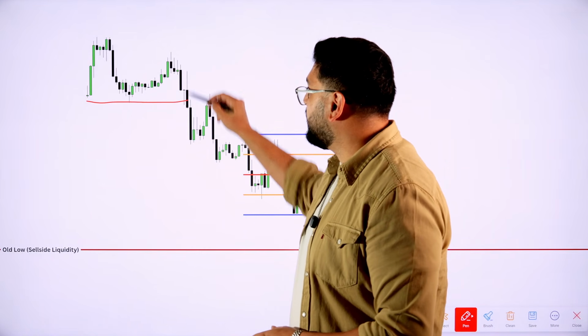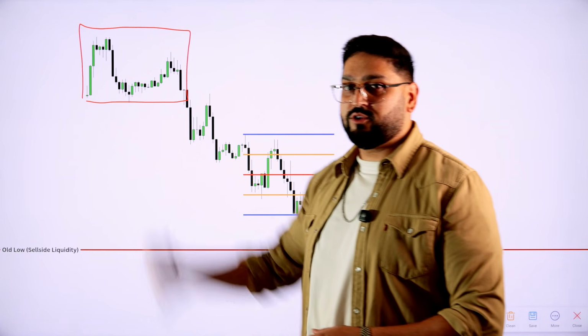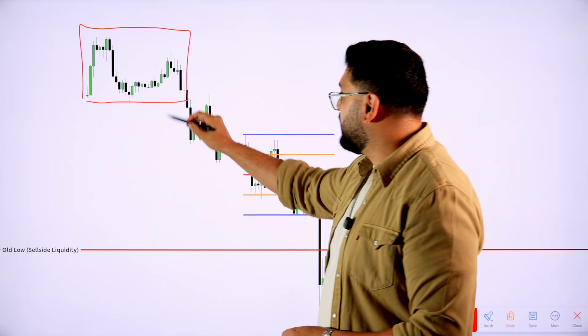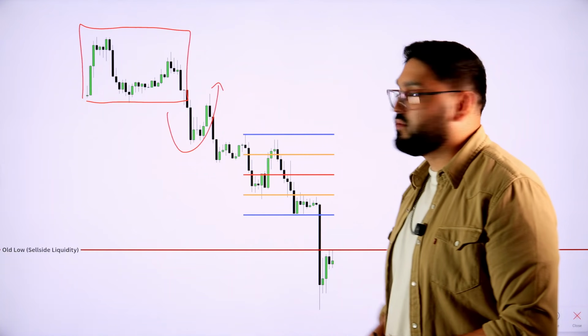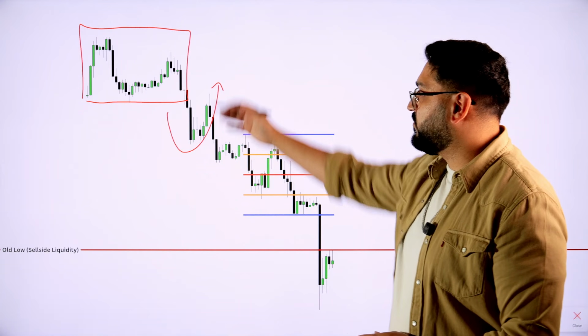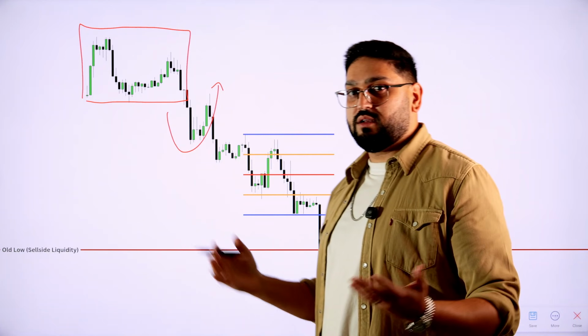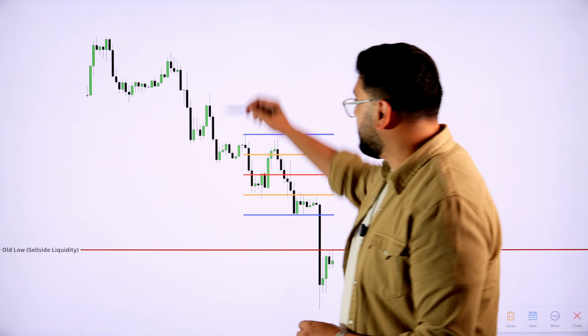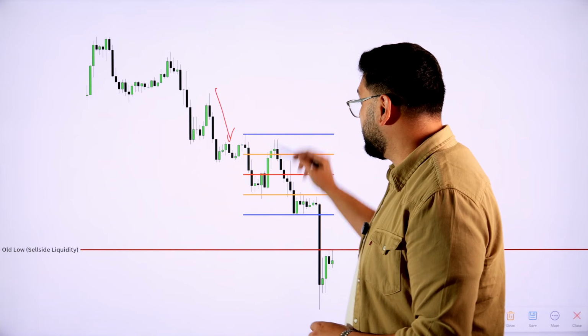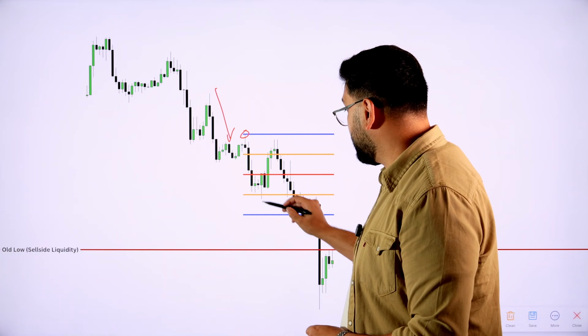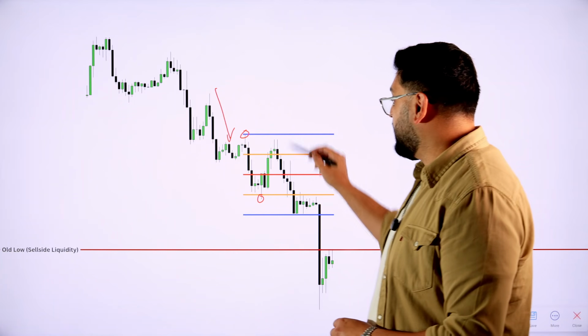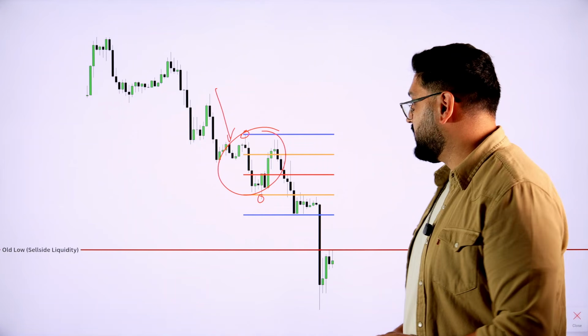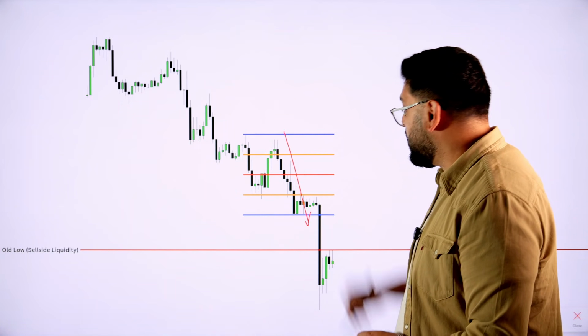Over here, we have our initial consolidation. Price returns to the consolidation over here. So we anticipate some form of a retracement inside of a type 1 dealing range. The market then drops lower and gives us, from this swing high to this swing low, our first stage of distribution. The market then drops lower one more time.